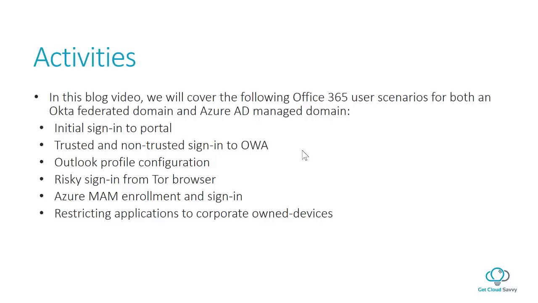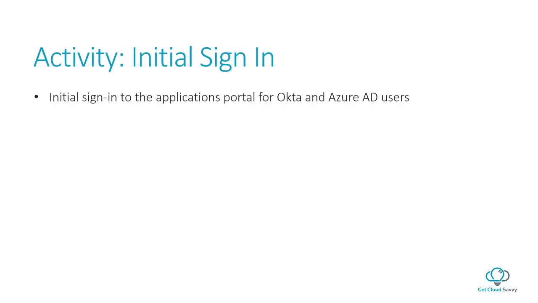That's where we get into Azure AD join, and then hybrid Azure AD domain join, so actually synchronizing those computer objects that are added to a domain to Azure AD. That's an Azure AD type of scenario. That's something that Okta doesn't support. So we're going to take a look at all those different activities, and let's go ahead and get started and take a look at our first activity.